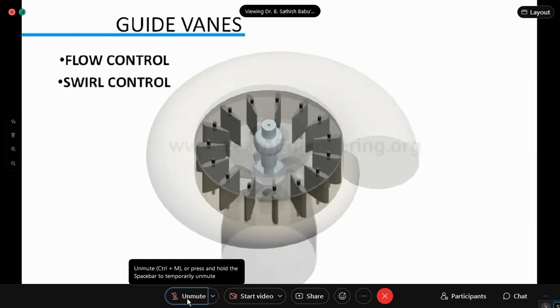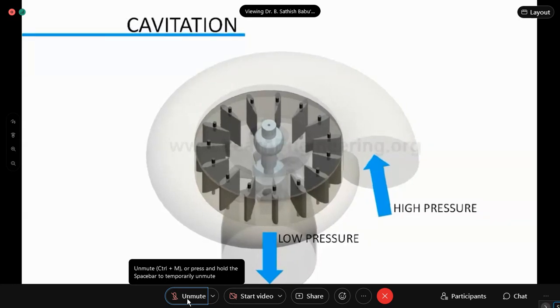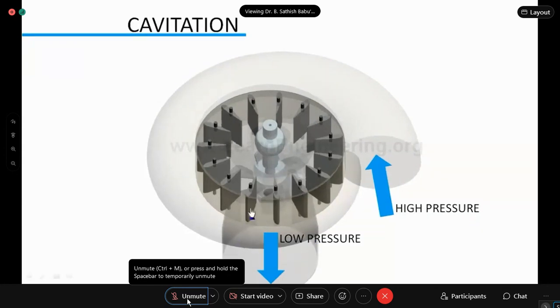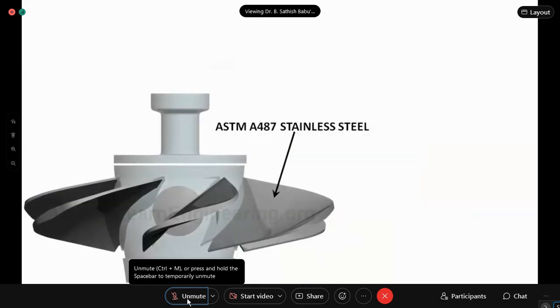The biggest challenge in the design of a Kaplan turbine is how to overcome the problem of cavitation, which causes material erosion and vibration. Cavitation is unavoidable in a Kaplan turbine, since in most of the regions, pressure goes very low. But damage due to cavitation can be reduced by using suitable blade material and an anti-cavitation fin.